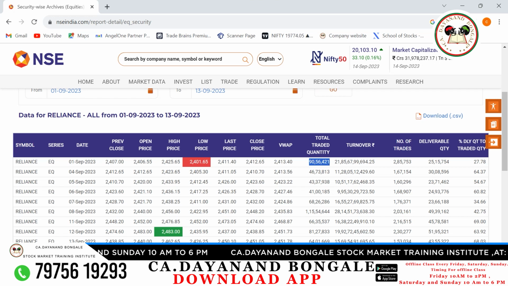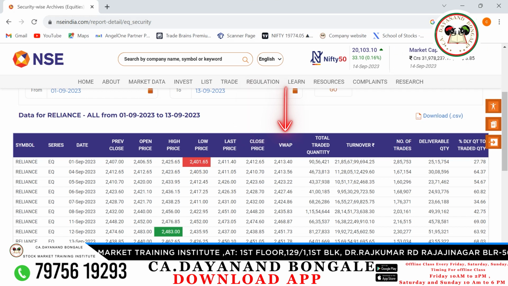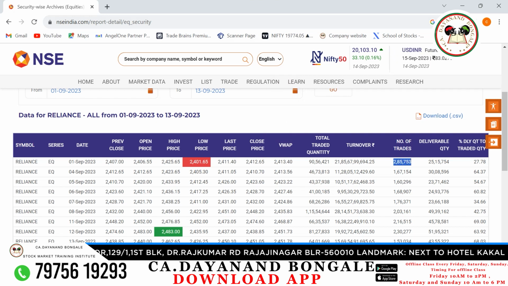My dear friends, you can see here the high price of the day, low price of the day, closing price, and VWAP, that is volume weighted average price, meaning the average price at which it was traded on that particular day.